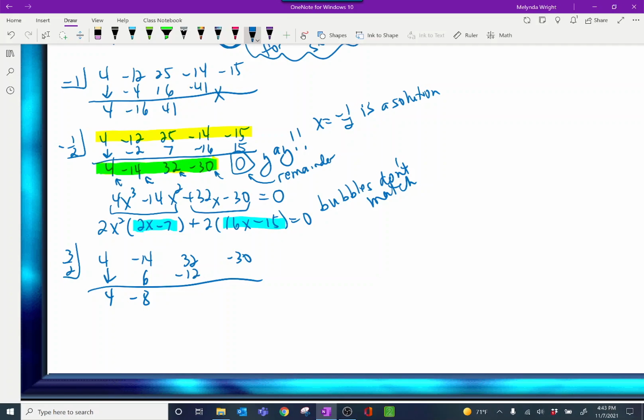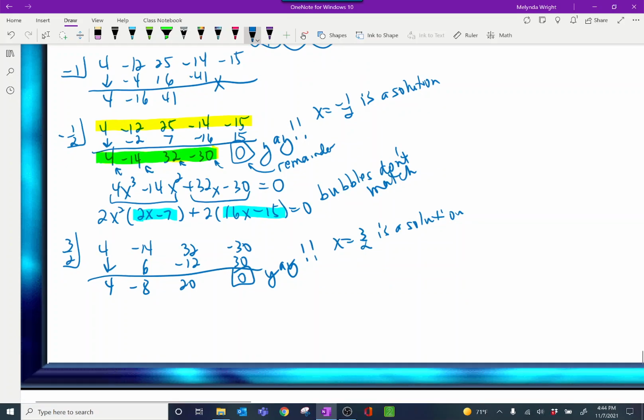That brings down a 20. 3/2 times 20. All right, 2 goes into 20, 10 times 3 is 30. Oh, yay, we got another 0. So that means x equals 3/2 is a solution to our polynomial. Okay, great. I got negative 1/2 and 3/2.